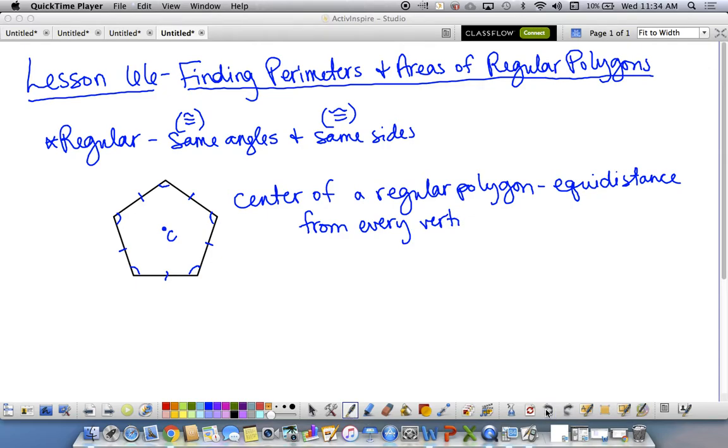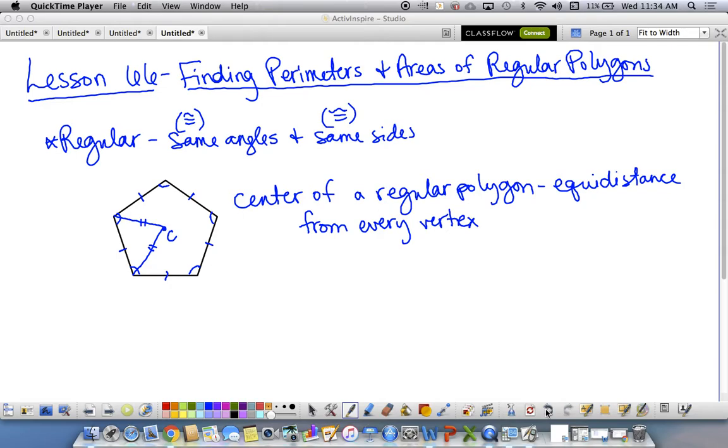So from the point C to this vertex will be the exact same length as from C to that vertex. Kind of like the radius of a circle.